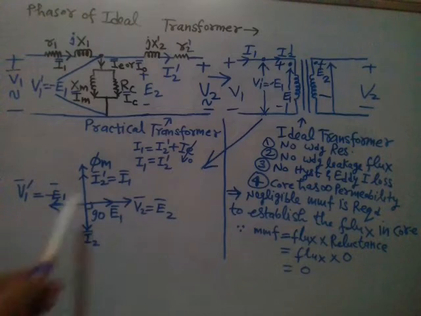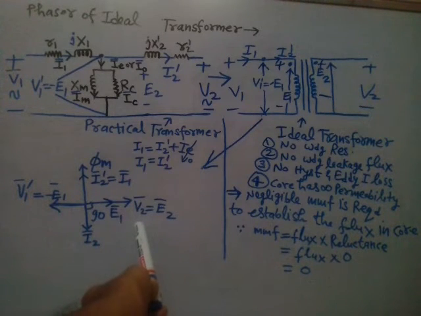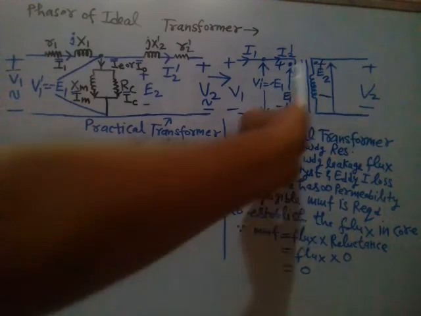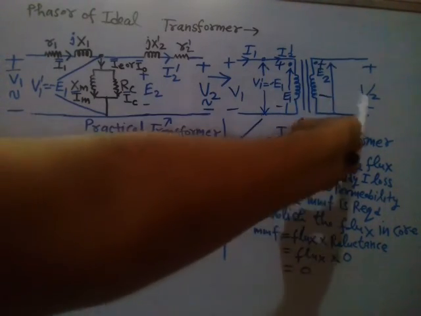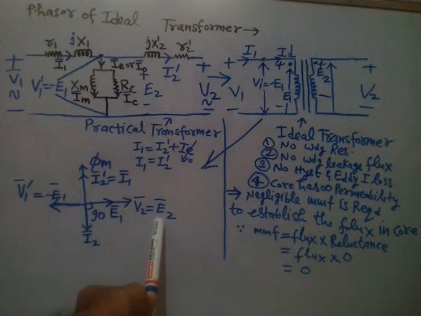I repeat this phasor diagram once again. In step number 1, draw this V2, take V2 as the reference phasor as earlier. So draw V2 horizontally in step number 1. Now apply KVL in this loop, you will get V2 is equal to E2. That means in step number 2, draw E2.